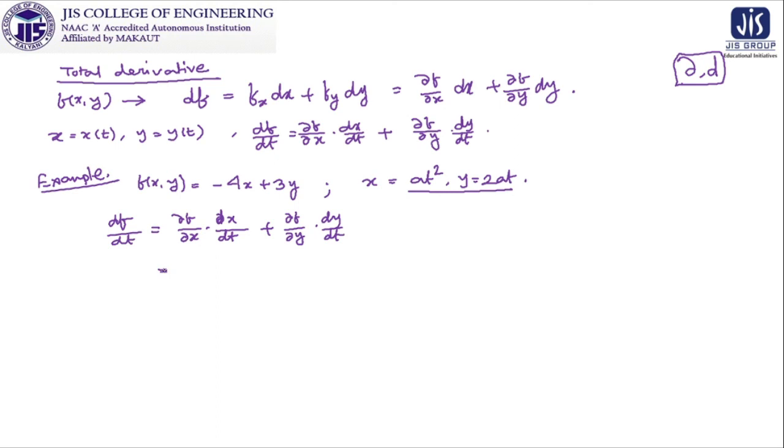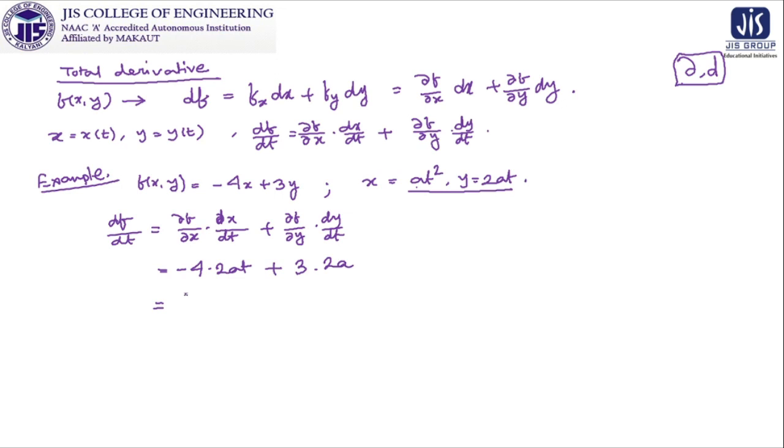So you can write it as del f del x. From this part it is minus 4, since the y part contributes 0, and dx dt from this part will be 2at, so it will be minus 4 times 2at, plus del f del y. From this part it will give you 3, because this contribution is 0 as x will be treated as a constant, into dy dt, from this part as 2a.